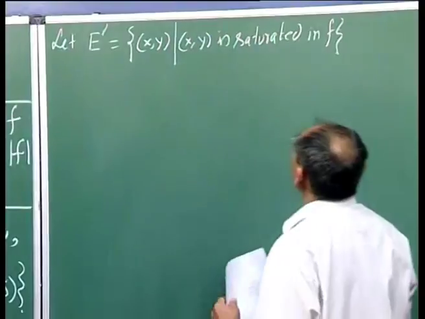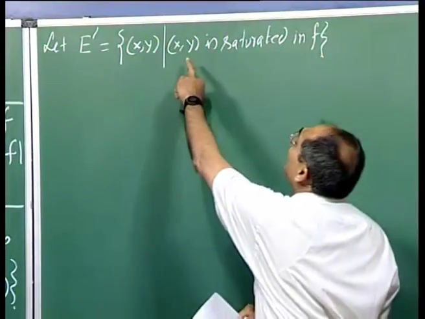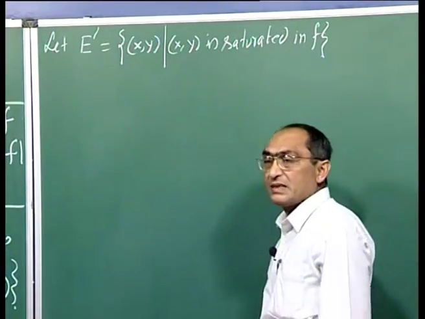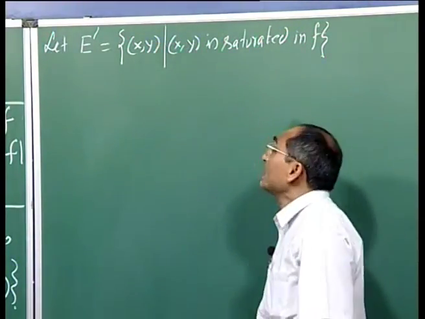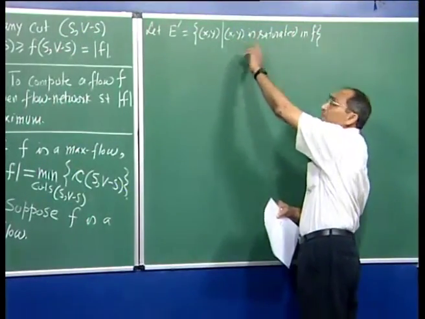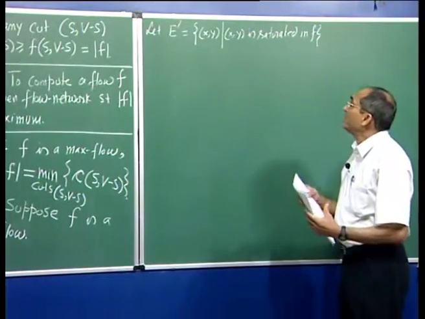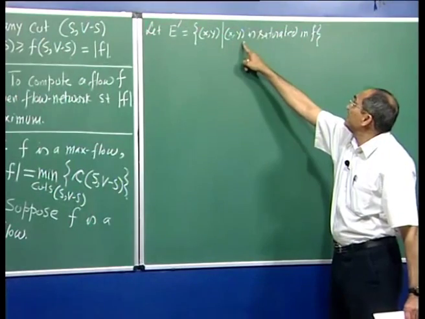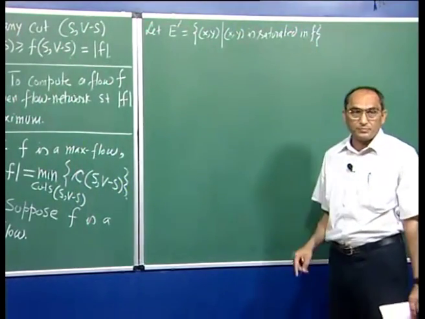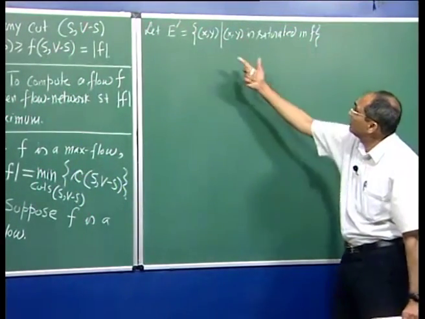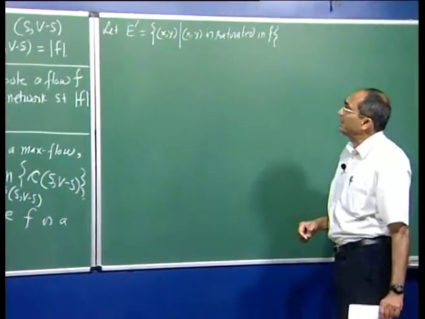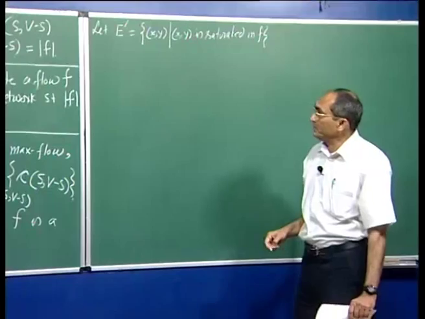Now, recall that by saturated we meant that the flow in this edge, that is f x y, is equal to the capacity of this edge C x y, or equivalently the residual capacity of this edge for this flow is 0. So, I have collected every single edge which is saturated in this set E prime.